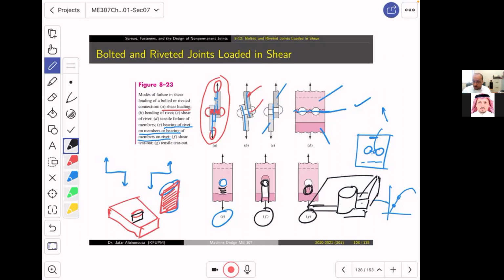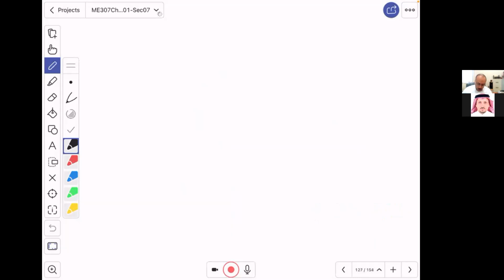Now, if you think about it, most of these relate somehow to F over A. There is always F over A. But you will see, except for the edge tearing, which we will talk about later, it has a slightly different relation. But most of the time, this is what we are going to do. The only thing is, for example, you want to make some distinction.